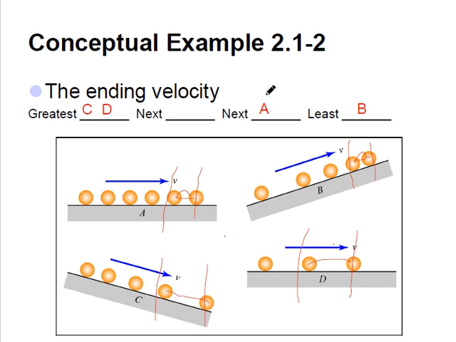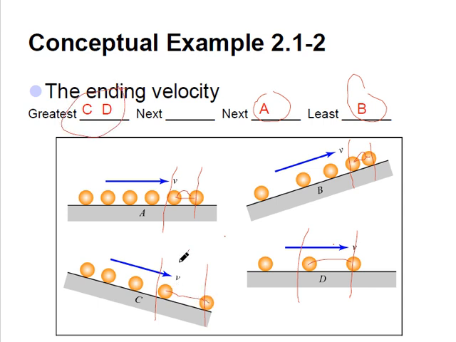So we're gonna rank A velocity is bigger than B velocity. Then C and D, when you look at it, D, you're gonna measure from here to here, so delta S, from here to here, it's about the same to me. So we're gonna just tie it. So that's greater. Why?